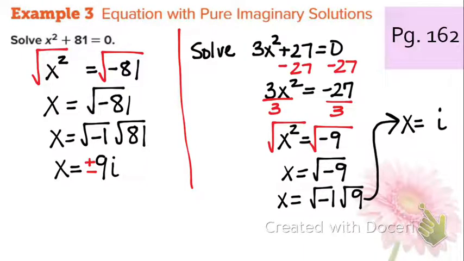The square root of 9 is what? So my answer is, you always put a plus or minus, and that's why there are 2 blanks. So for one blank, you would put x equals 3i, and the second one, x equals -3i.